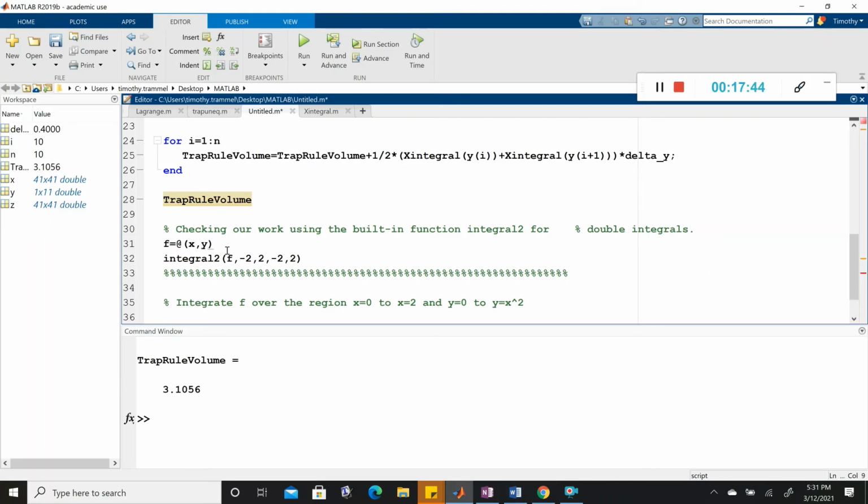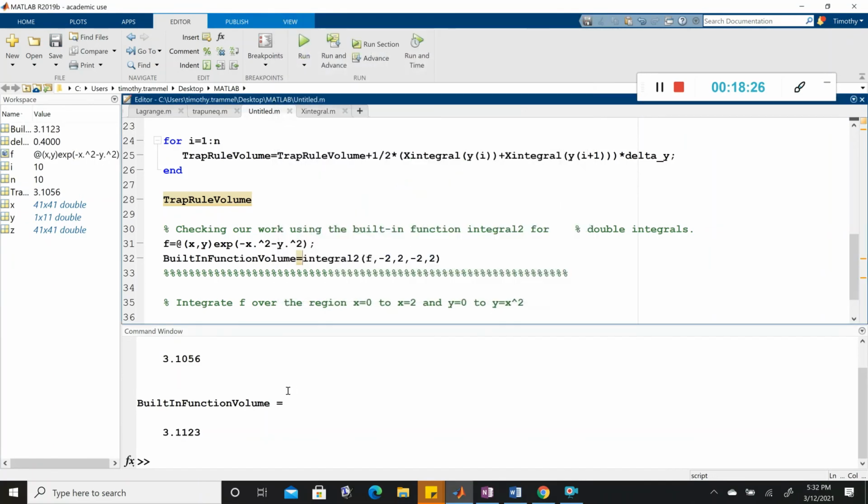So f of xy is equal to the exponential of minus x squared minus y squared. Let's name it built-in function volume. There we go. Built-in function volume compared to our trapezoid rule volume.